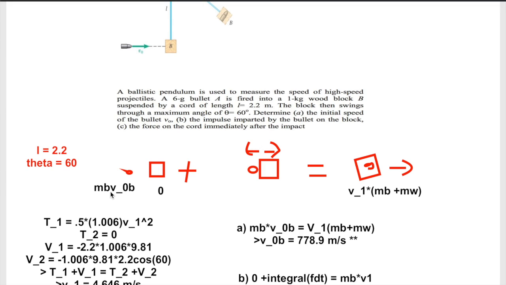The bullet is the mass of the bullet times the velocity of the bullet. We have these forces, the one acting on the bullet and the bullet acting on the block, and it has to equal the velocity times the mass of the block and the bullet together.